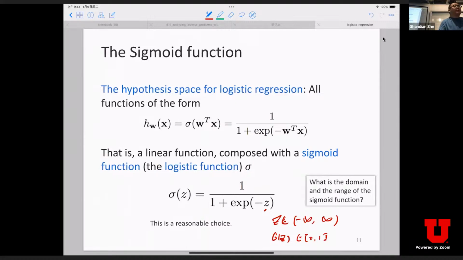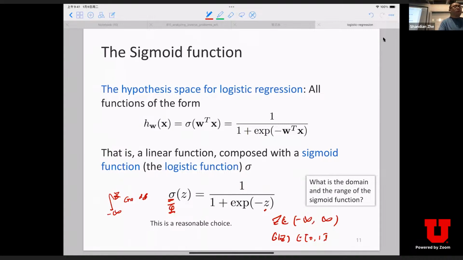But in practice, the sigmoid function is not the only choice. There are other transformations as well. For example, the standard Gaussian CDF, the cumulative distribution function of the Gaussian distribution, usually denoted by phi. You can view it as an integral from -infinity to Z of the Gaussian density over dz.